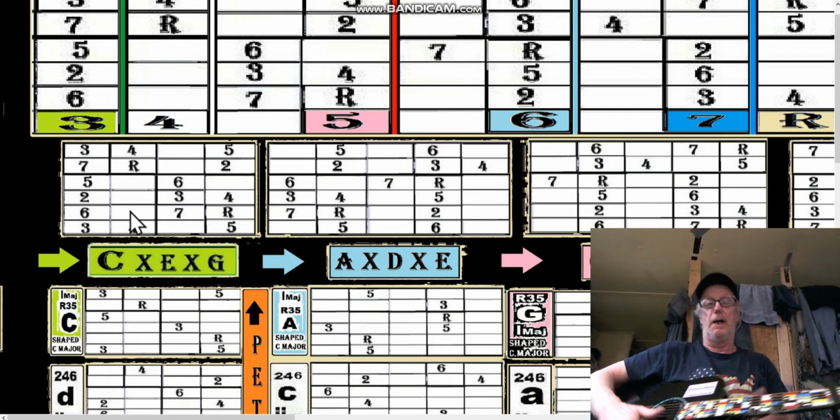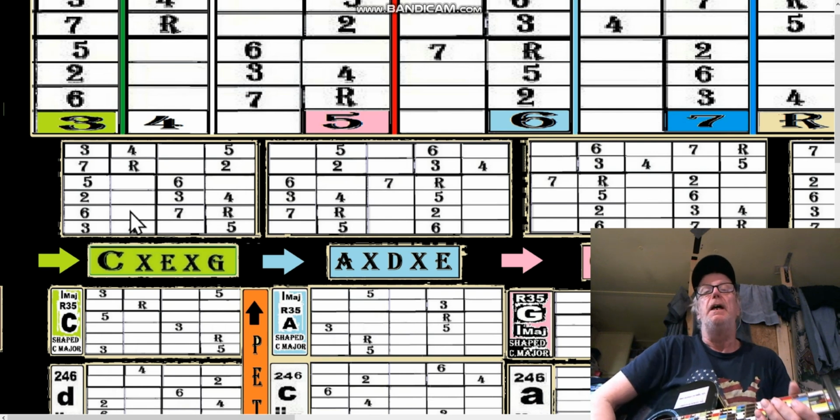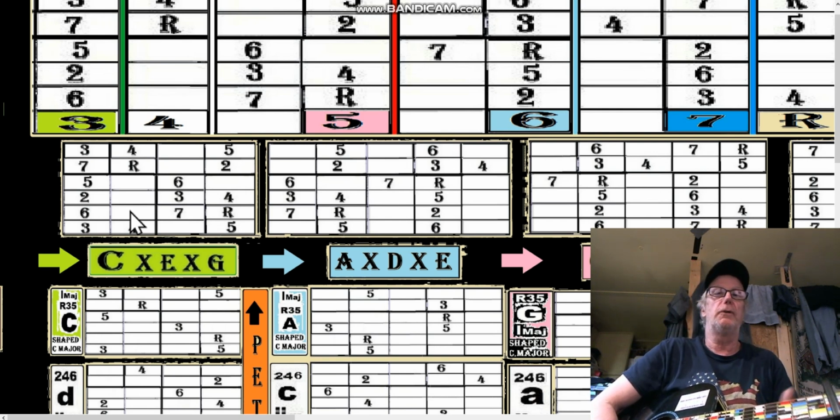Okay, I'm getting a little confused there, trying to do too many notes at once, but that sounds like a really cool chord. You know, a lot of feeling in it.